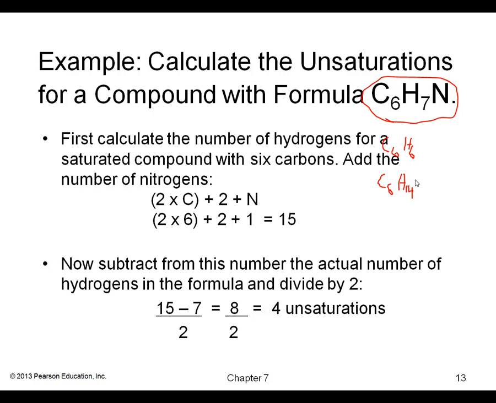So here we can take 14 minus 6, which gives us 8, and 8 divided by 2 gives us 4 degrees of unsaturation. They did not do this right here. This is just awful.